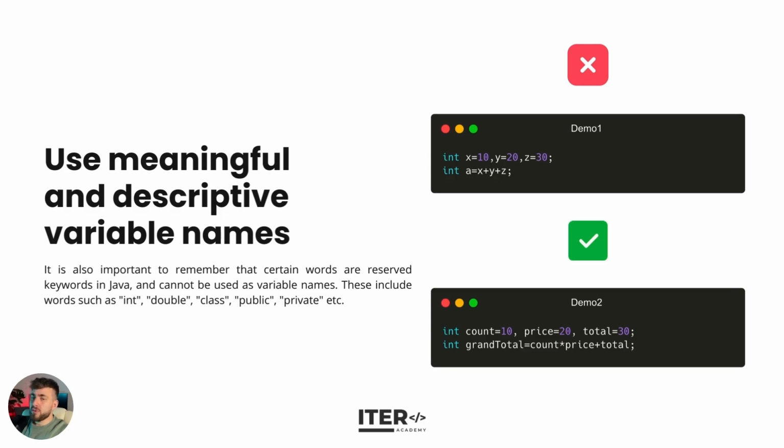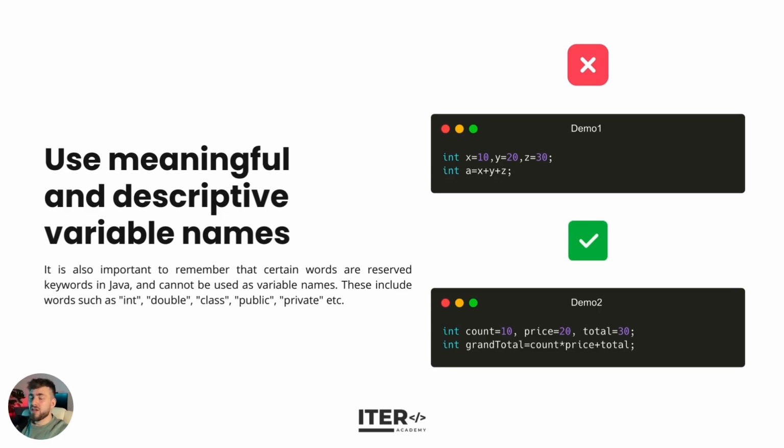Using proper variable naming conventions not only makes your code more readable, but it also makes it easier to maintain and debug the code. In summary, when naming variables in Java, it's important to follow the guidelines for naming conventions, such as using lowercase letters, don't start names with numbers, and in general use meaningful and descriptive names.